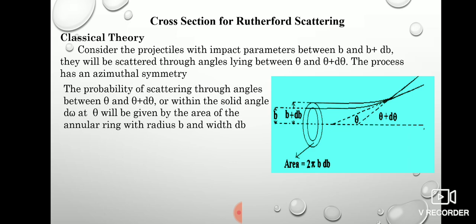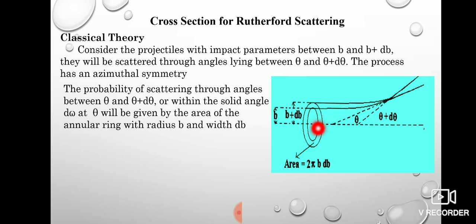So, this process has azimuthal symmetry, as it is symmetrical about the axis, and the probability of scattering through angles between theta and theta plus delta theta, or within the solid angle d omega at the nucleus, will be given by the area of the annular ring shown here.